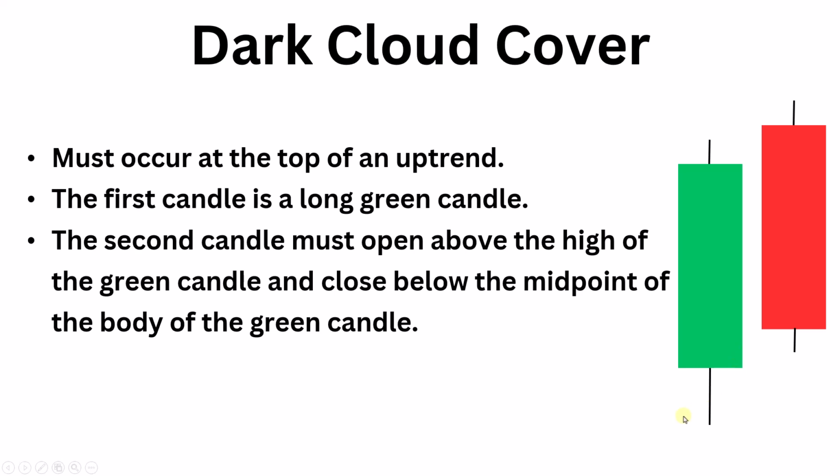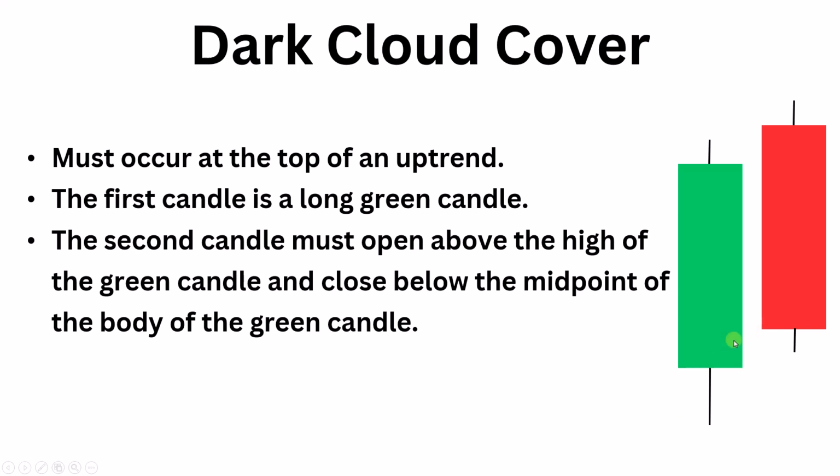But this pattern is more powerful than the piercing line pattern. The piercing line pattern is a bullish reversal pattern and this is a bearish reversal pattern. But when compared with the piercing line pattern, this dark cloud cover pattern is more powerful.